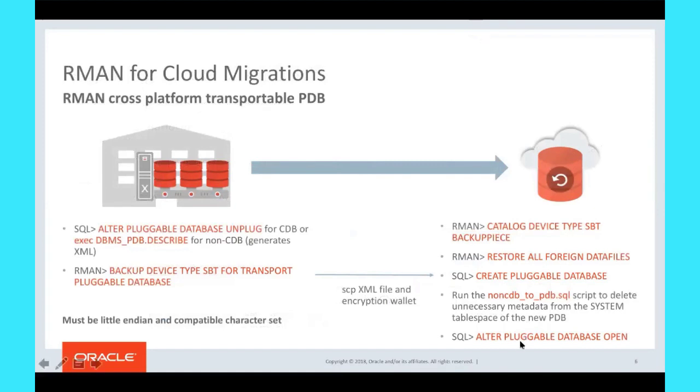If it's already a PDB, you can unplug that PDB from the existing CDB, and then you can do a backup directly to cloud storage for transport, and at that point you end up having a local XML file created by the unplug operation on your source database. If it was a non-CDB, you have to execute that procedure, DBMS_PDB.DESCRIBE.